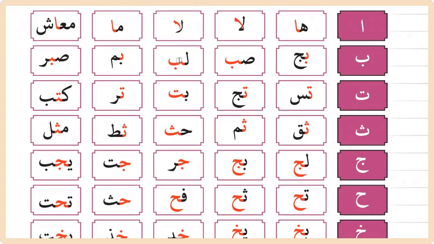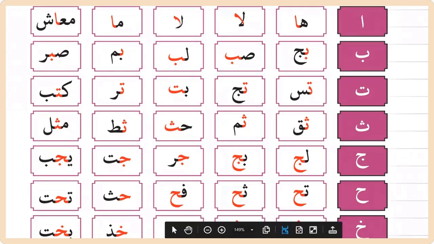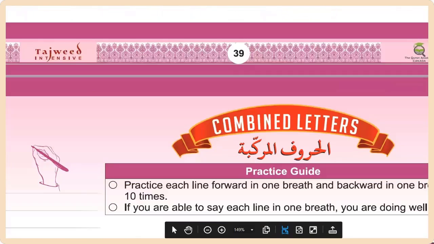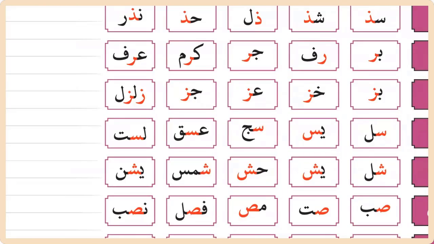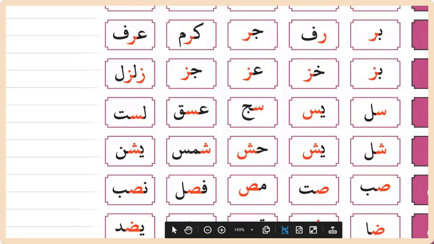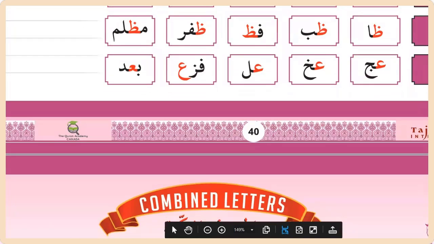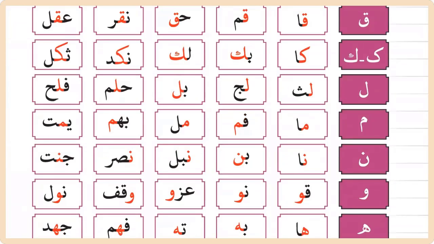Now this one. Just ignore the ba right now and focus on this one. That one might be za. No, no. Za has a dot on top of it, right? So this is the lam. Look at this.